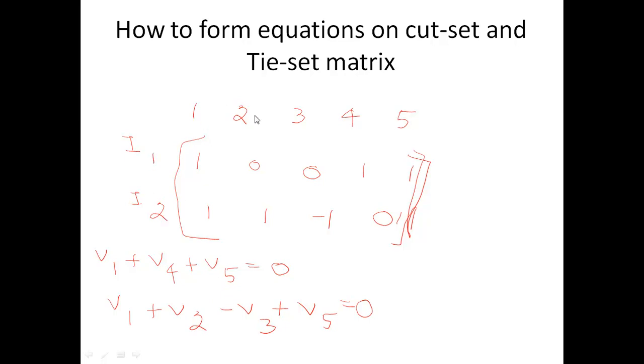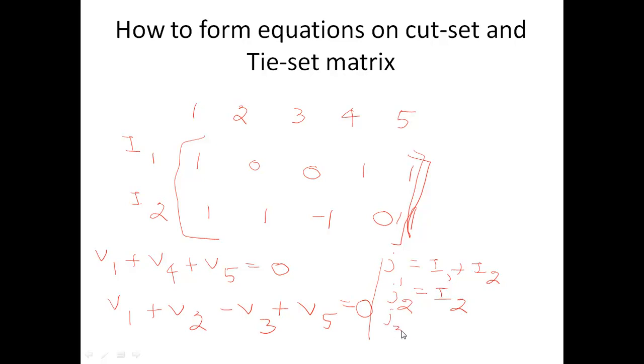Assume that J1, J2, J3, J4, J5 are your branch currents. So how can you write that particular equations? You can write like this. That is J1 is equal to I1 plus I2. Am I right? Similarly, second branch current be J2, is equal to I2, because in I1 it is 0.